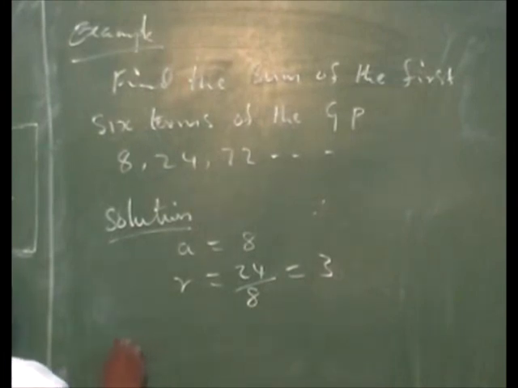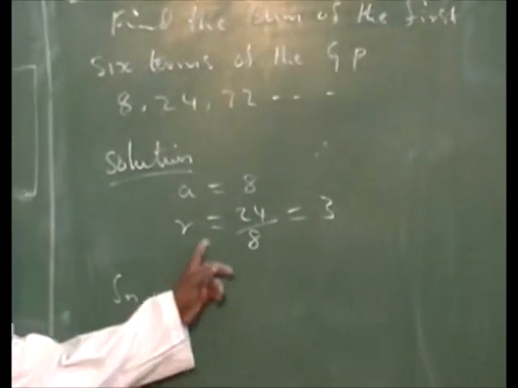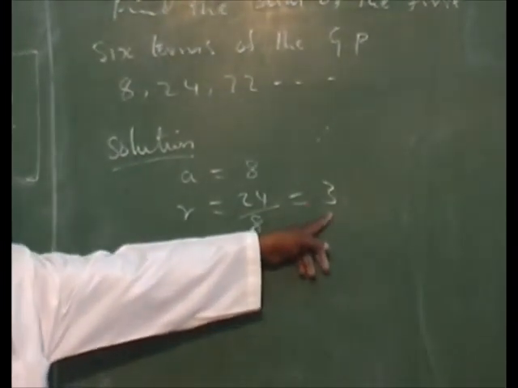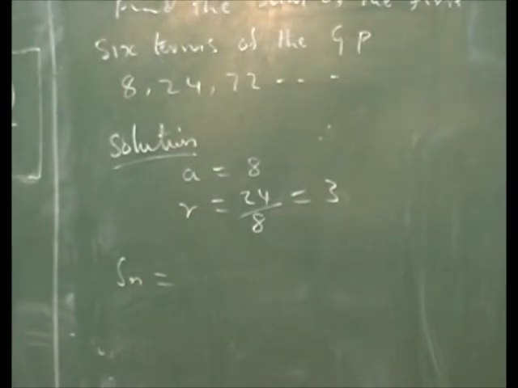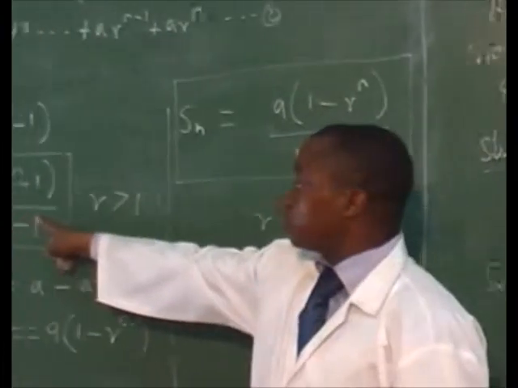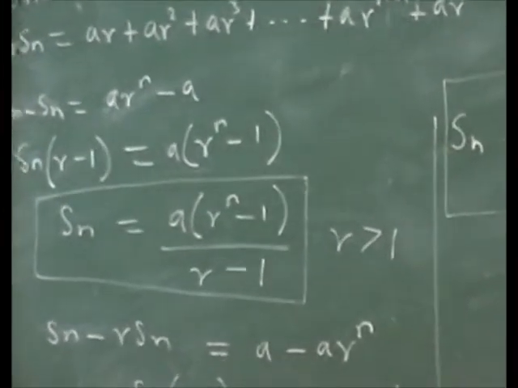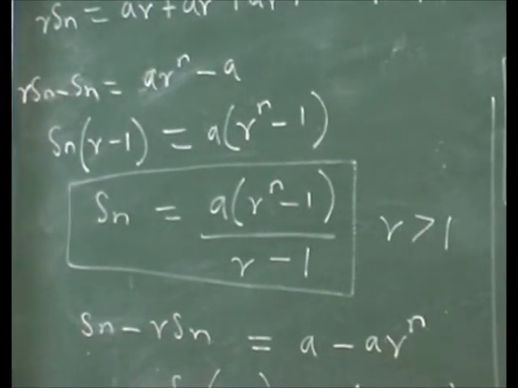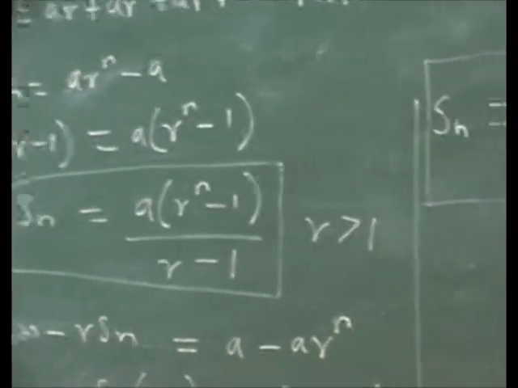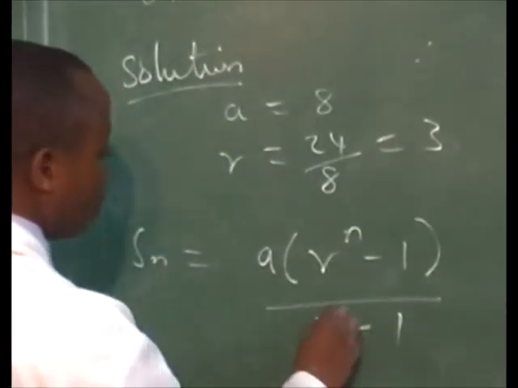Now, we know the sum formula for any GP. Because R is greater than 1, the first formula is the one we are going to use. So Sn is given by A(R raised to n minus 1) all over R minus 1.